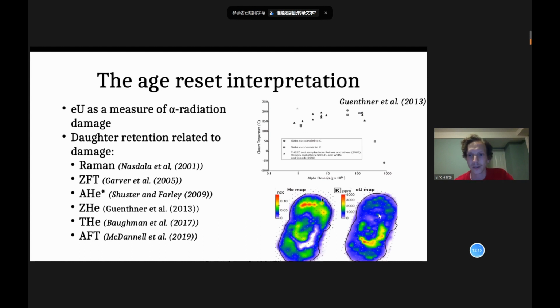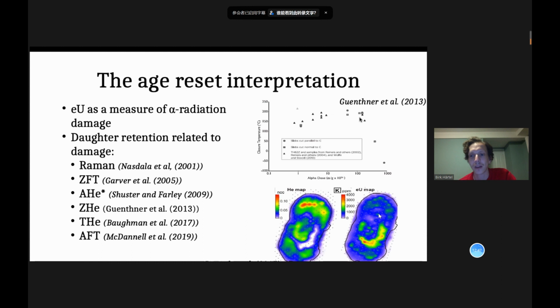This is, for example, shown here on the right. I just put in two figures to not overwhelm you. The upper one is nice experimental data from Günther and others. Here they plotted the closure temperature of the zircon helium system against the alpha dose, so the amount of alpha events that have taken place. We saw that yesterday. What we can see is a trend of closure temperature slightly increasing at low alpha doses.